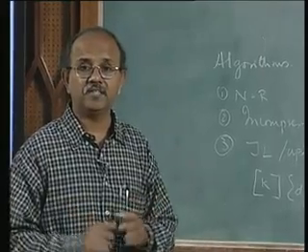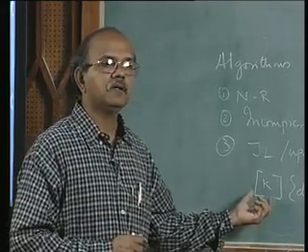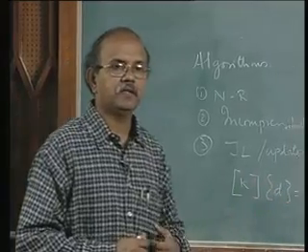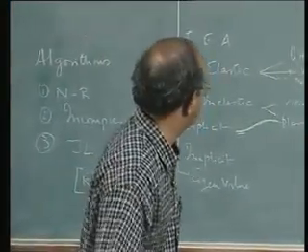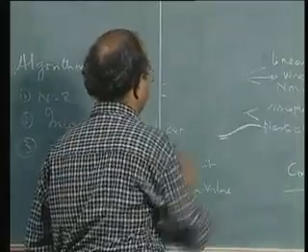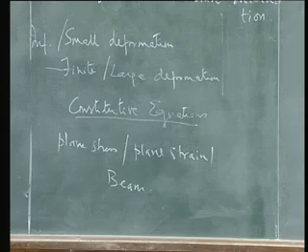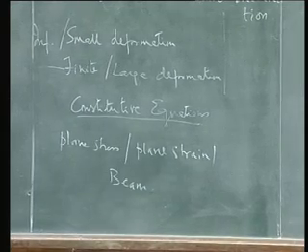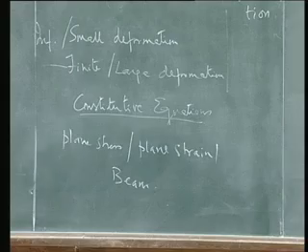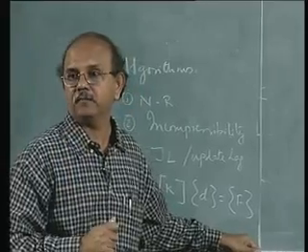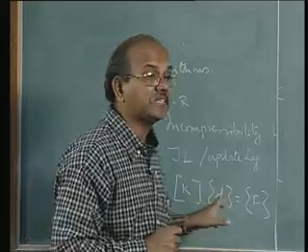Now, the difference in this case is that this K is not a constant. In a nonlinear problem, this K is no more a constant. So, this K depends upon the deformation. So, in other words, I can't determine it.